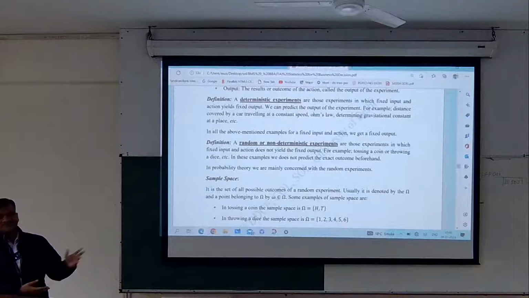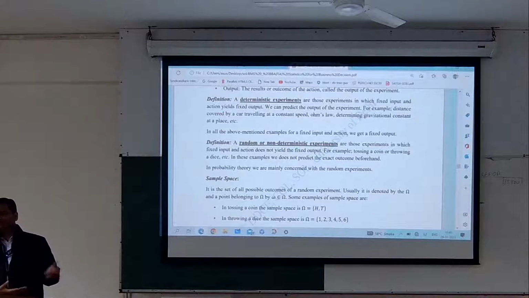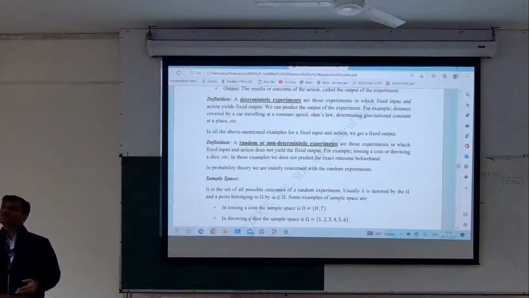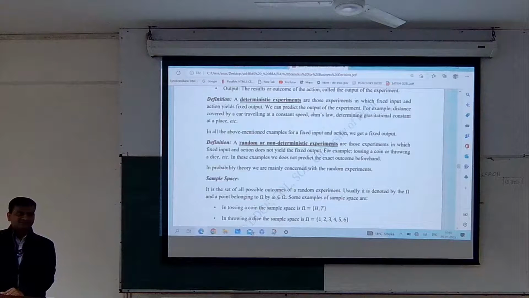Now we have basic terminology in probability, like the deterministic experiment. What is an experiment? An experiment can be anything. Suppose you roll a die, which has six faces: 1, 2, 3, 4, 5, 6. Rolling a die is an experiment.